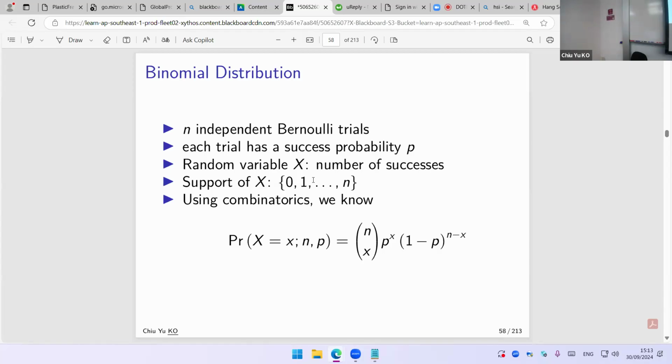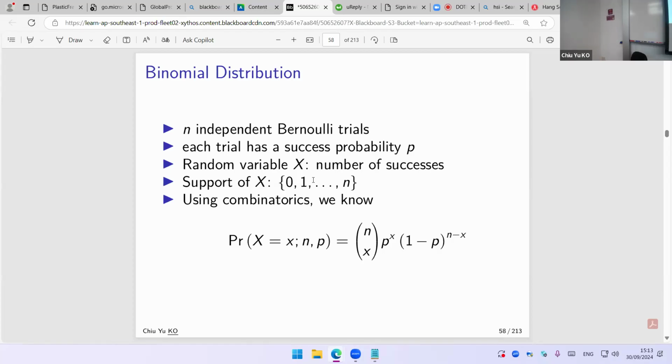If they're independent, that's what I said. If you have first x success, n minus x failure, if they're independent, you can multiply each one, right? First success, second success, up to x success is p, and then 1 minus p for the failures, right? That is all success and all fail, right?